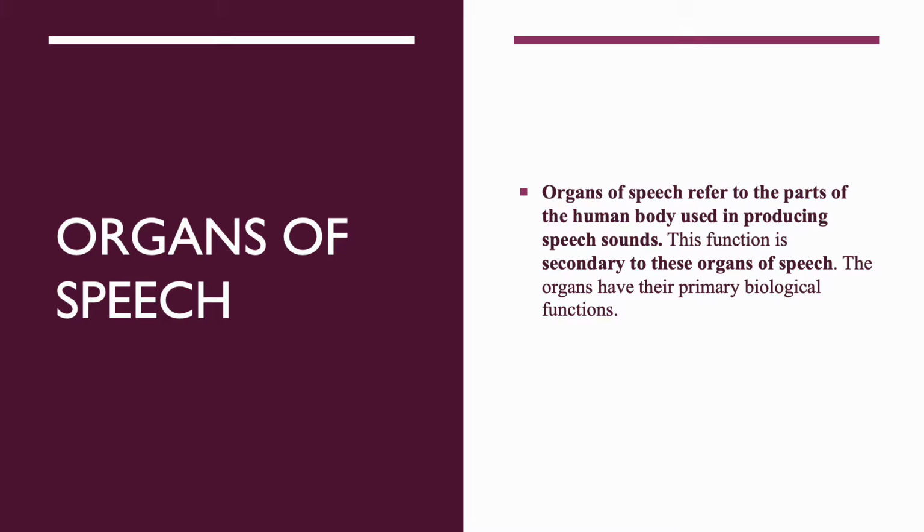This function is secondary to these organs because the organs have their primary biological function. For instance, the mouth is used to eat, the tongue is for tasting food, and so on. So their function in speech production is secondary.